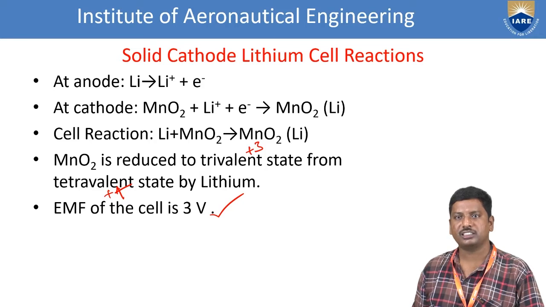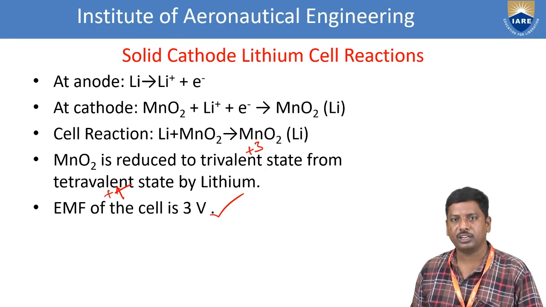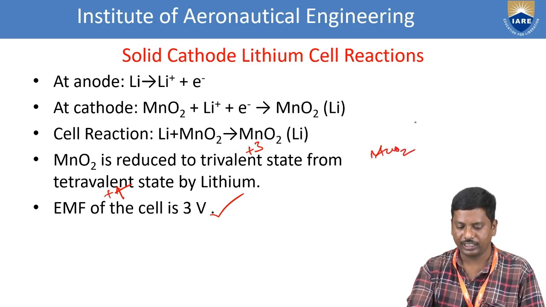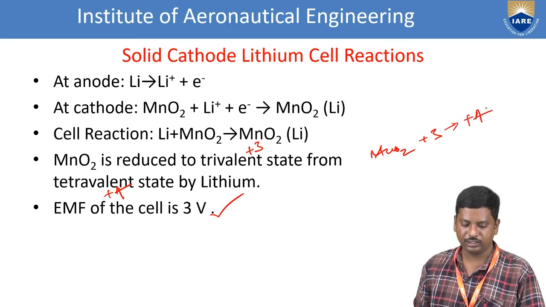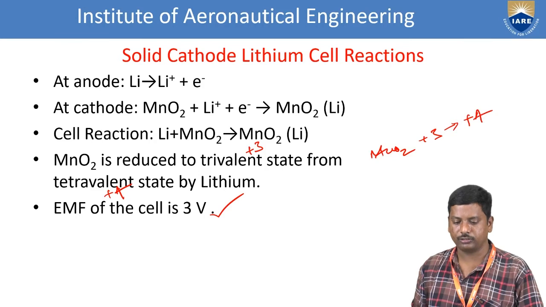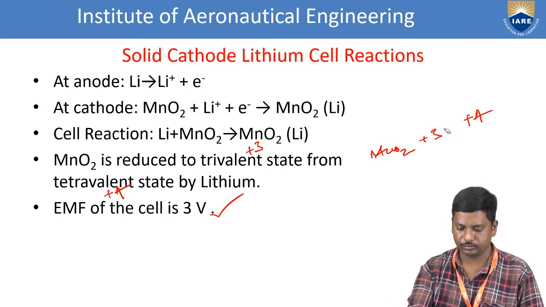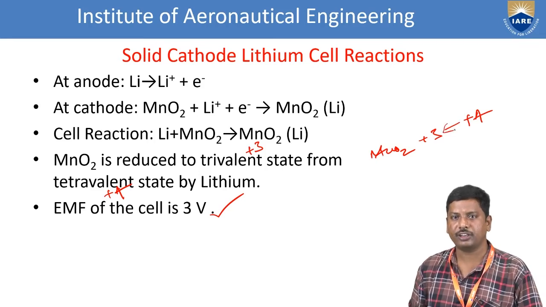In the cell reaction, lithium reacts with manganese dioxide to give a manganese dioxide lithium compound, and manganese is reduced from the tetravalent state to the trivalent state by the lithium.